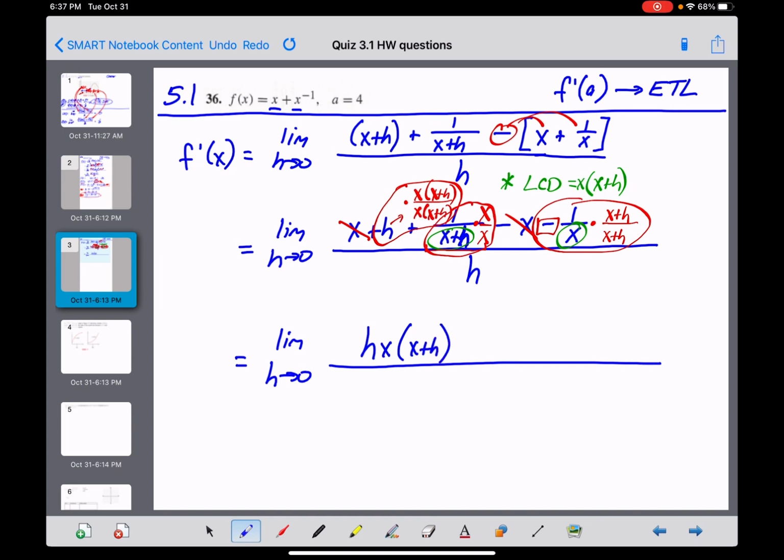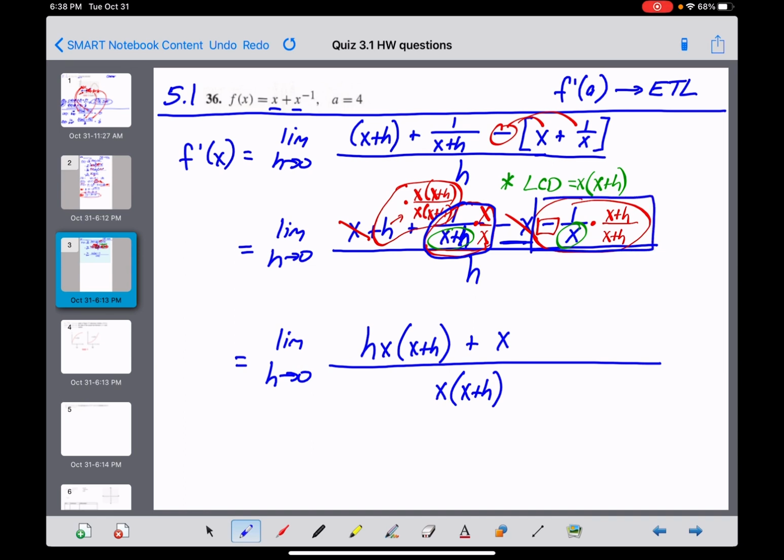Now the denominator of all that, I'm going to put on the bottom of the entire thing right here, which was x times x plus h. On to the second thing that I did right here. When we multiply that 1 times the x, that's going to get us just plus an x on top. And again, that denominator was already listed right here, so we don't need to list it again. And then let's see, this x canceled out.